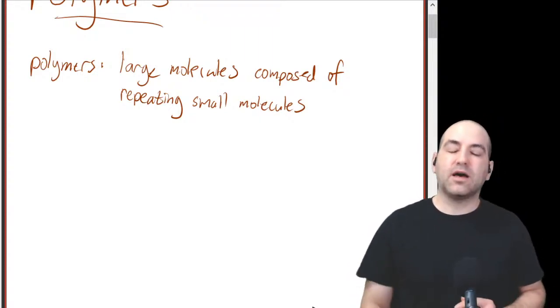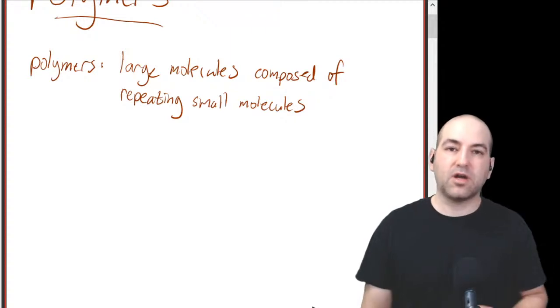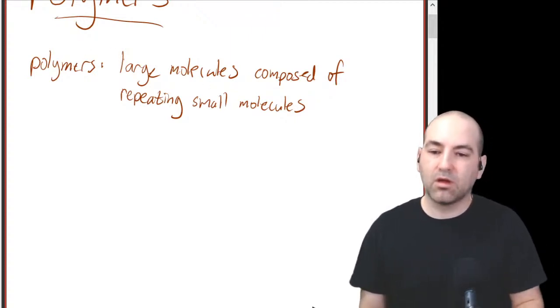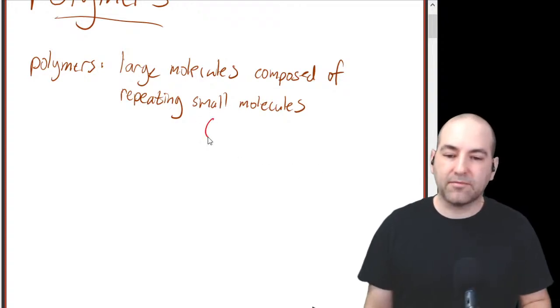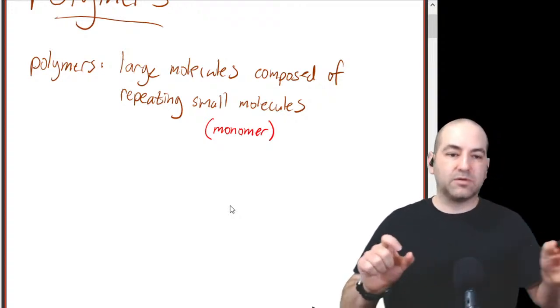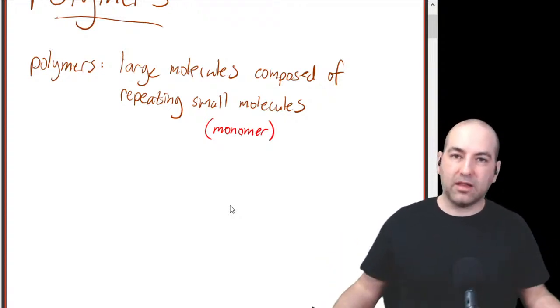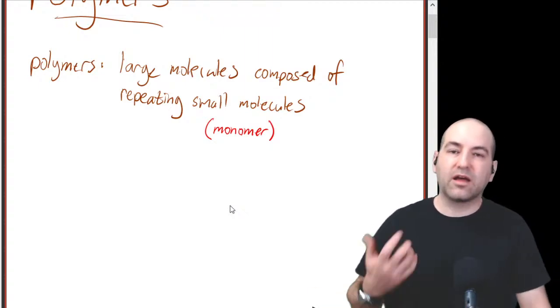So what that means is, well, we'll see some examples, but basically you start with this small molecule, something with a couple carbon atoms or something like that, and that's called a monomer. So that's the small molecule. And then you just kind of connect it to itself a whole bunch of times and make a big molecule. So it's like, if you imagine a children's toy or like Legos or something.